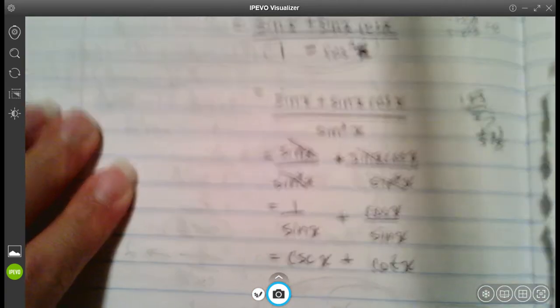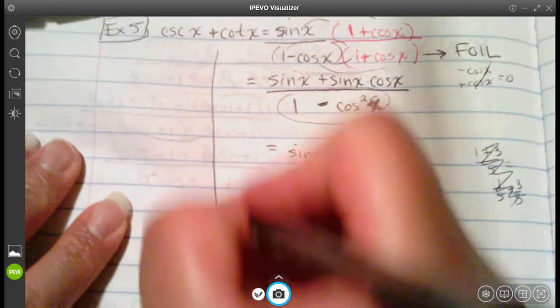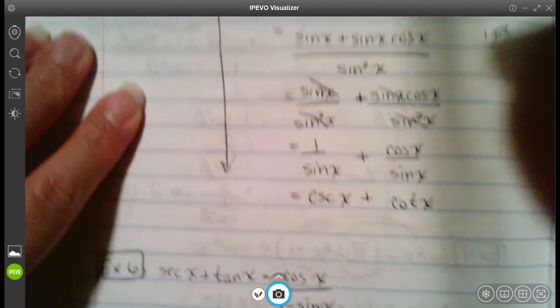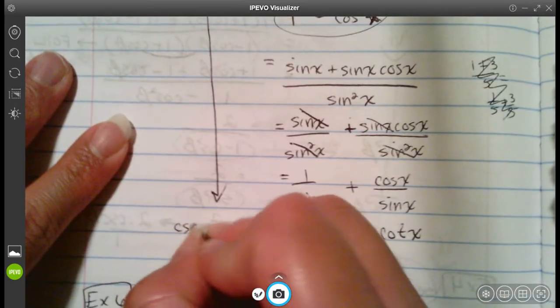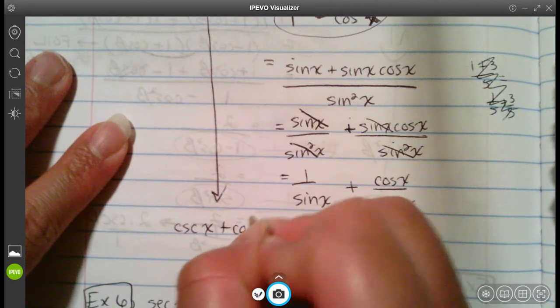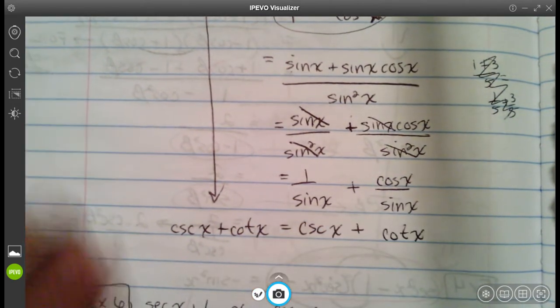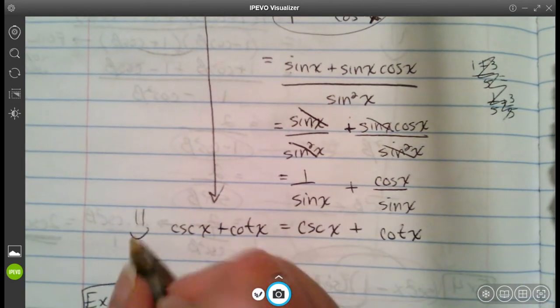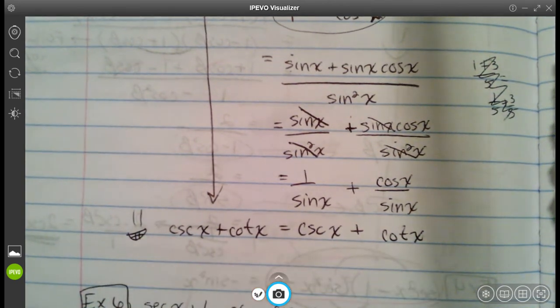Is that what we wanted? That is what we wanted. So we have proved that these are in fact equal to each other. Another happy face with teeth this time.